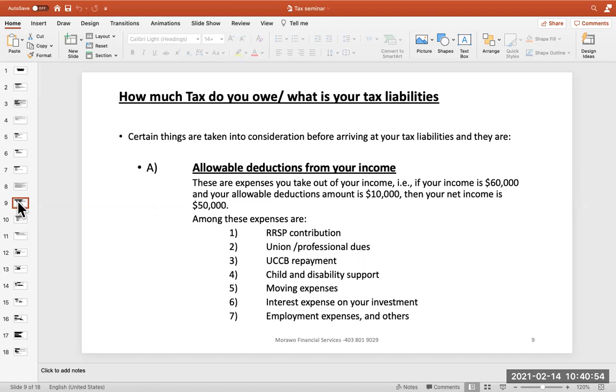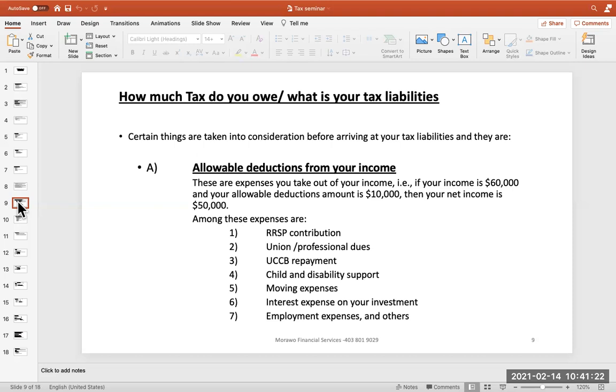So for your tax liabilities to be calculated correctly, certain things are taken into consideration, and there are 3 of them. The first one we have is what we call allowable deduction from your income. When you have your income, let's say your salary, 60,000, and then you have this allowable deduction.